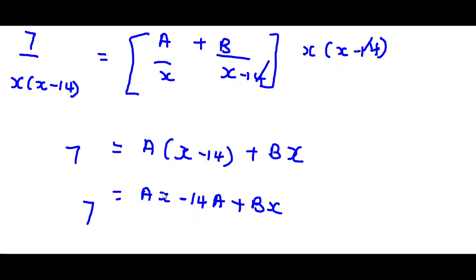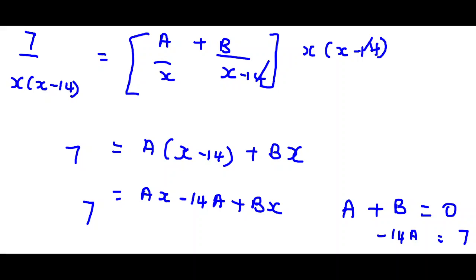As we can see here, the ax plus bx are like terms, but you don't have any x value on the other side that represents them. So we're going to say that a plus b equals to 0. I've just left the x value out. So here we're left with negative 14a equals to 7, making the value of a negative a half.